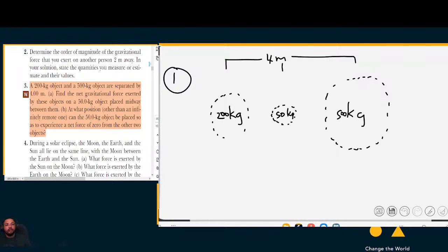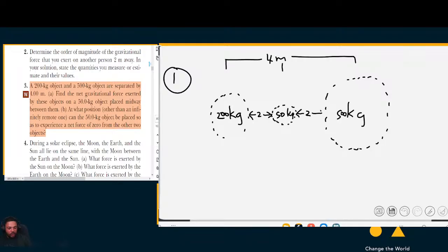The problem is to find the net gravitational force exerted by these objects on a 50 kilogram object placed midway between them. So the distance between this one and that one is 2 meters, and between that one and that one is 2 meters.